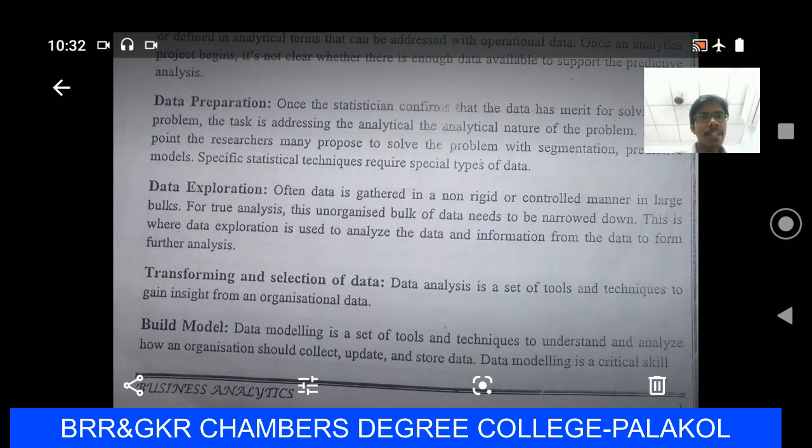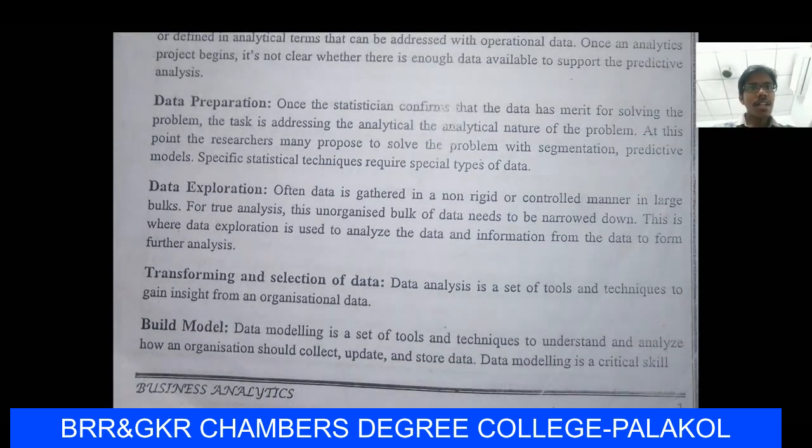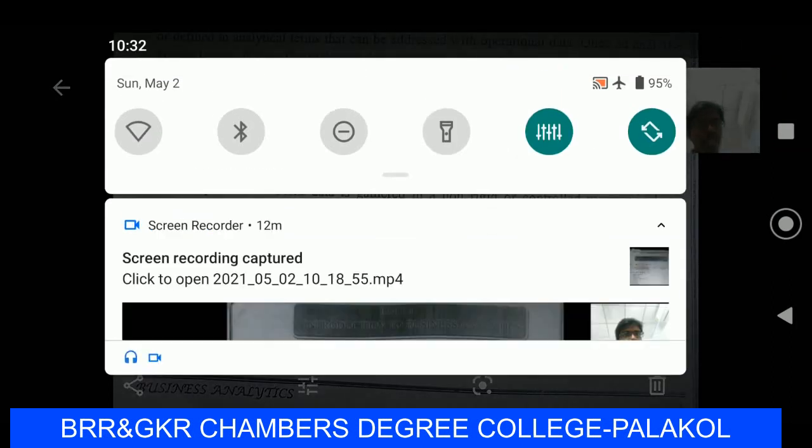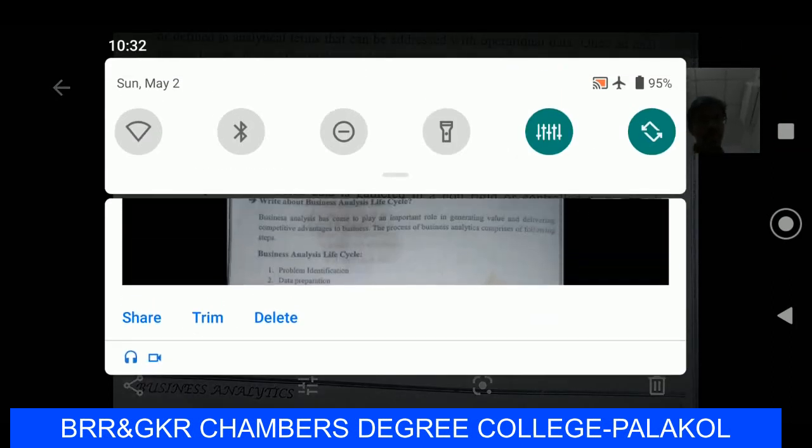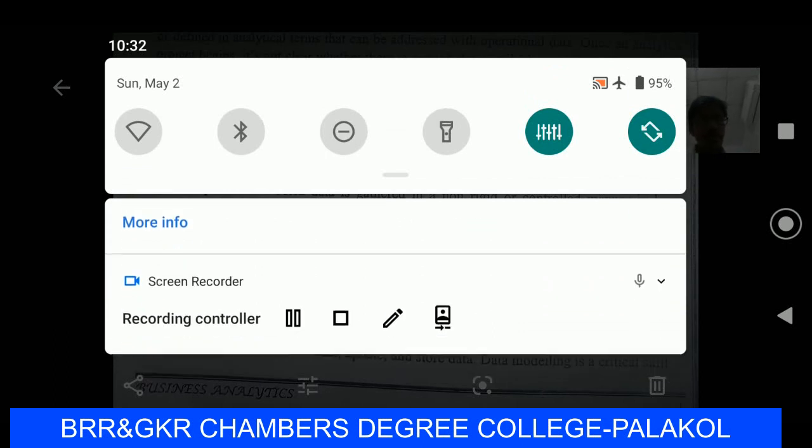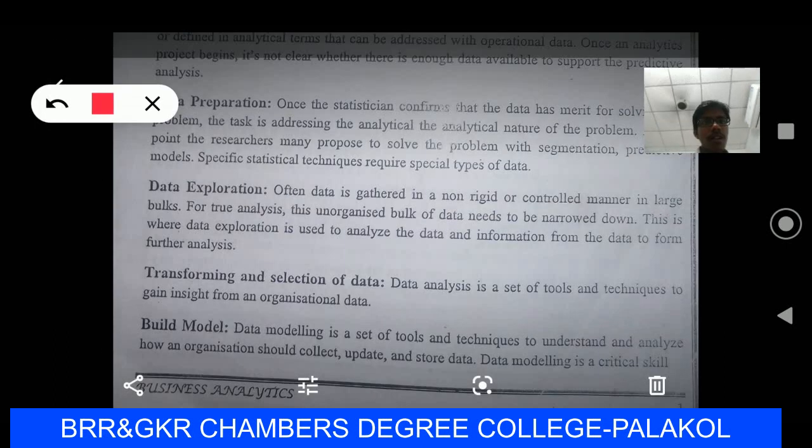Coming to the next life cycle, that is transforming and selection of data.